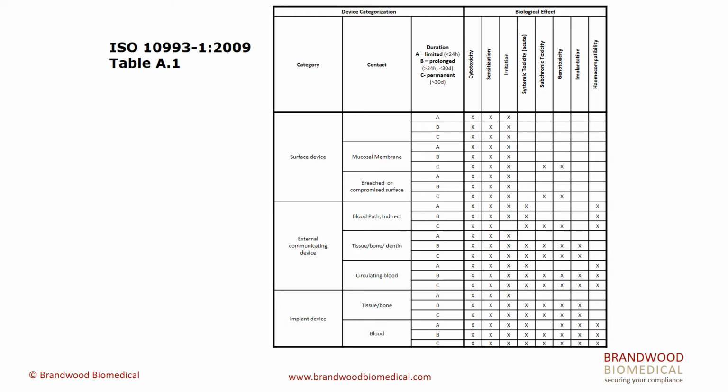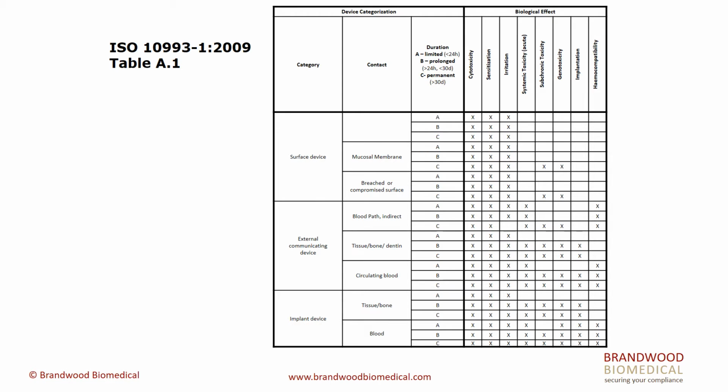Along the left hand side we have the type of device, surface, external communicating, implant, what the nature of tissue contact is, and then how long the contact is, whether it's limited, less than 24 hours, prolonged, more than 24 hours but less than 30 days, or permanent. Anything over 30 days is considered permanent. And then depending on those factors you decide what you really need to consider in your evaluation.